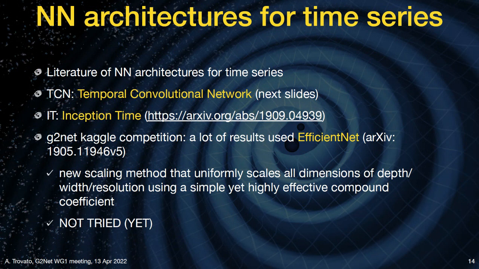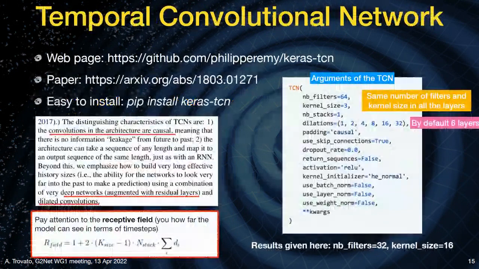One is called the temporal convolutional network, and one is called InceptionTime. Then recently there was the Hubble competition, and a lot of results used EfficientNet. We have not implemented that, but maybe this would also be one possibility to try.